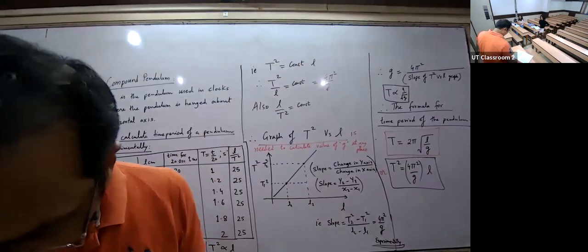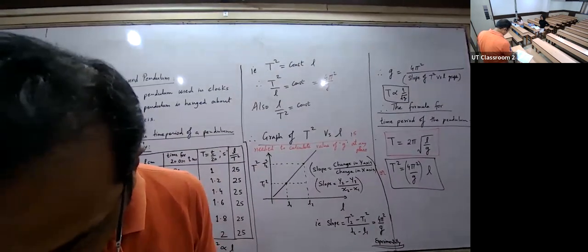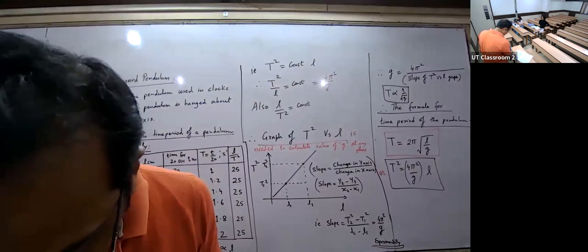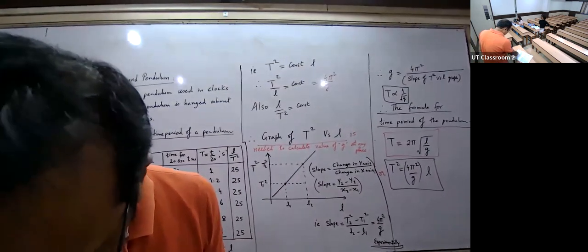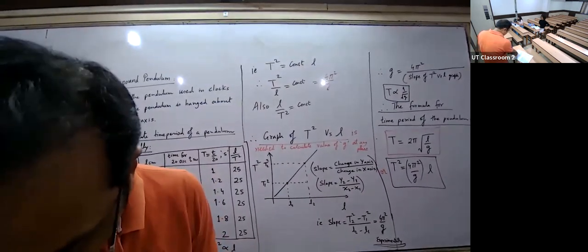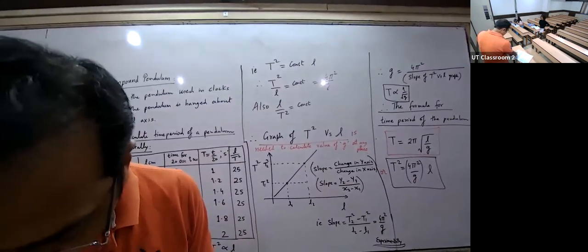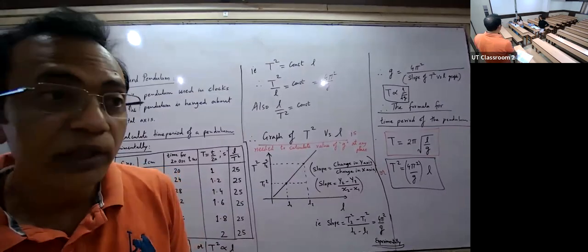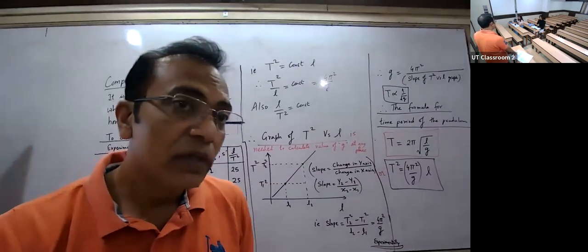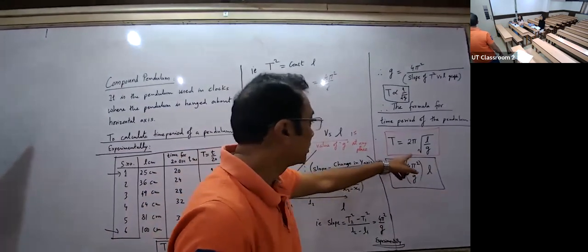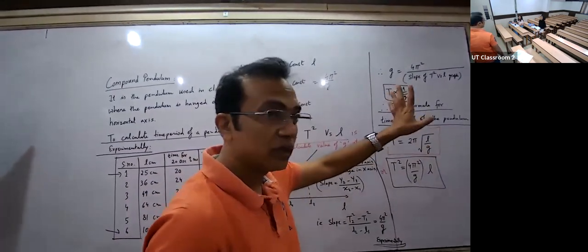Factors affecting the time period of the pendulum are only L and g. Time period of oscillation does not depend on the mass, and it also does not depend on amplitude. So if there is any question about mass and amplitude, there is no sign of M or A coming. Okay?